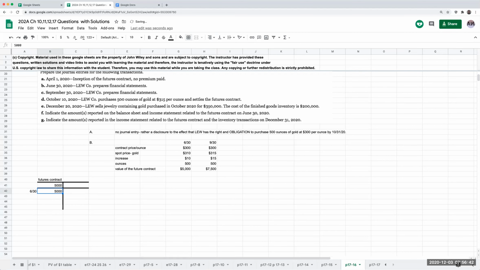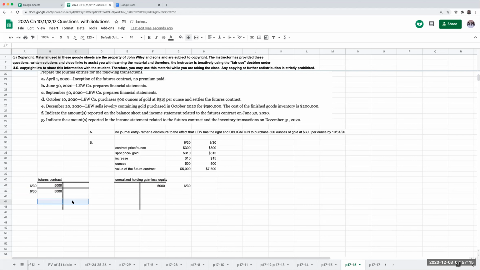So I needed this entry, and then I had an unrealized holding gain or loss in equity for 5,000.